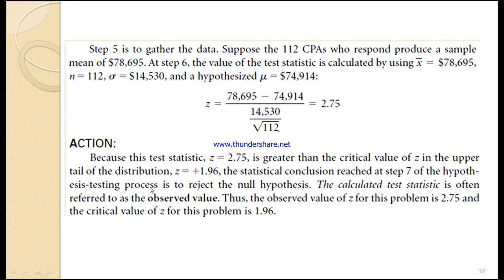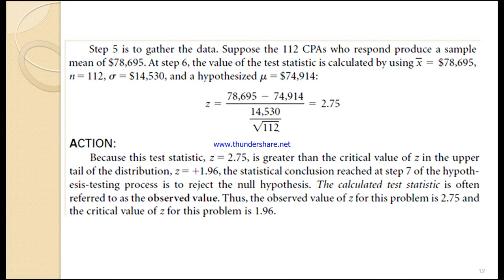Because this test statistic, which means the observed Z value of 2.75, is greater than the critical value of Z in the upper tail of the distribution, which is positive 1.96, the statistical conclusion reached at step 7 of the hypothesis testing process is to reject the null hypothesis.